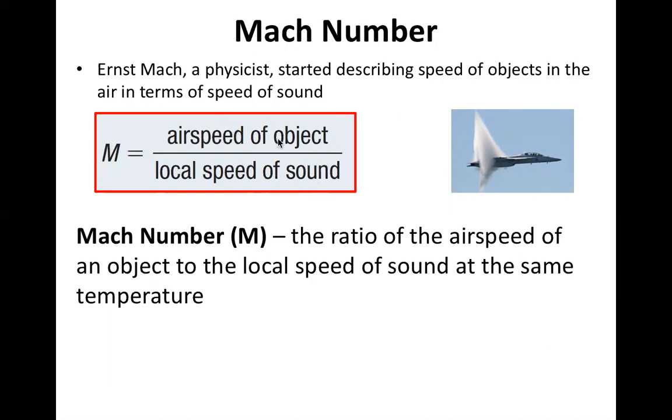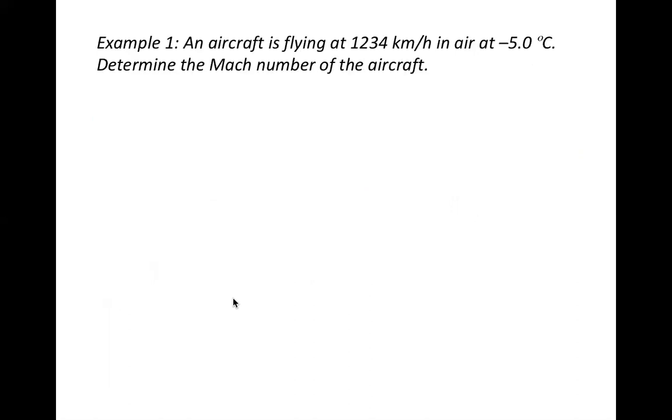So the numerator is just how fast your plane is going, and the denominator is how fast sound goes in that air at that temperature. That's why we say local speed of sound. And the formal definition: the Mach number is the ratio of the airspeed of an object to the local speed of sound at the same temperature.